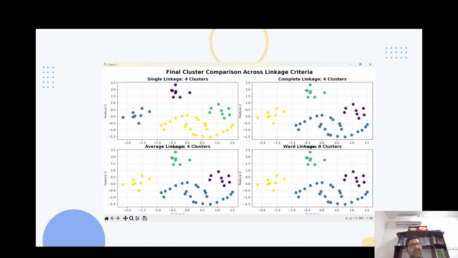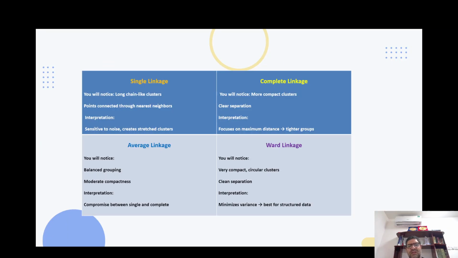It will go for the merger only when the resulting cluster has lesser variance, which we discussed in quite a detail in the previous part. Otherwise, no merger.